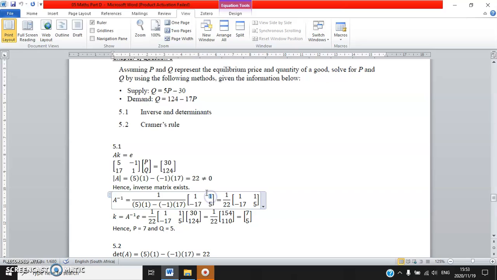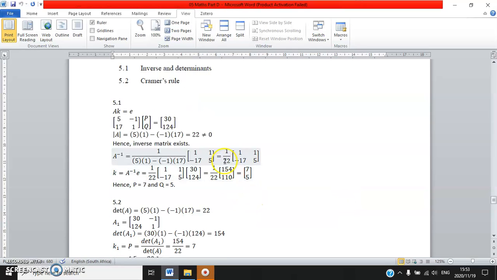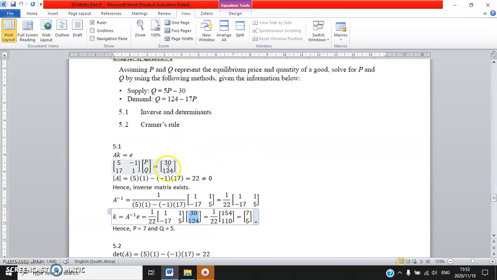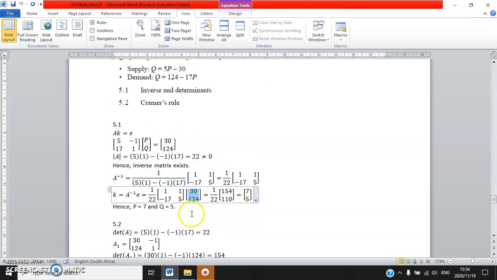So minus 1 times minus 1 gives you 1, and 17 multiplied by minus 1 gives you minus 17. Then we simplify it as follows. And then K, which includes P and Q, would be the inverse of A times the elements in the column vector E. Okay, I think we first sort out these calculations.